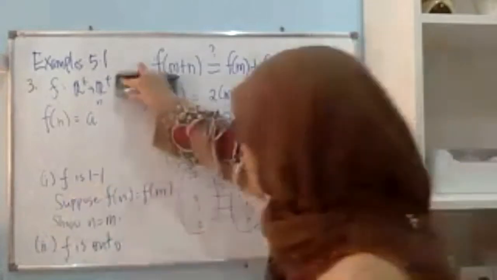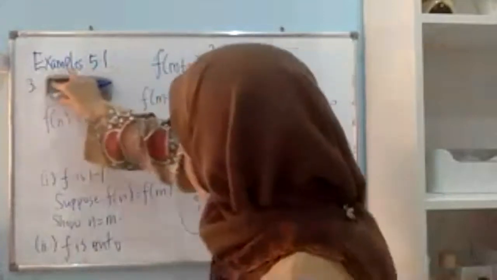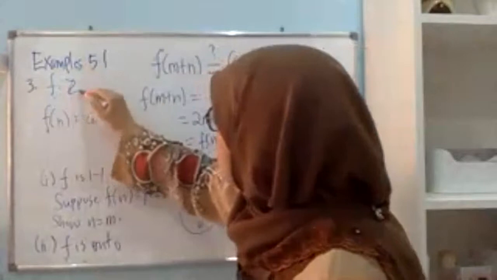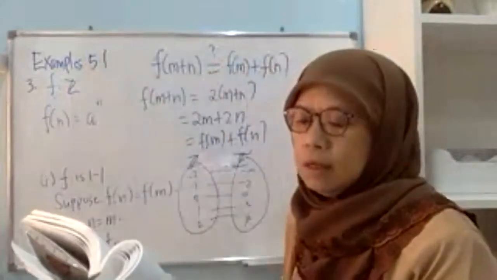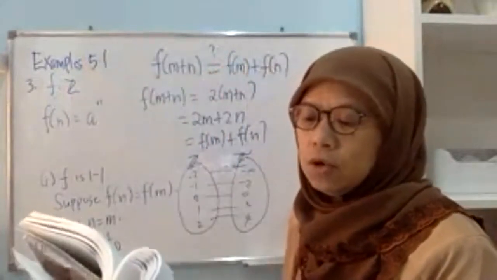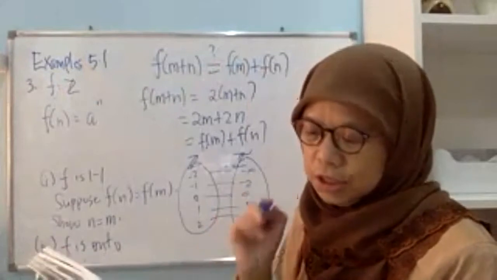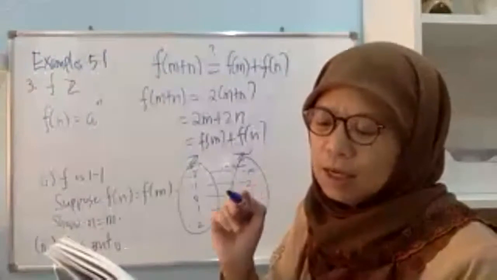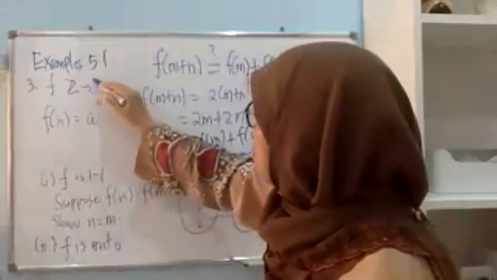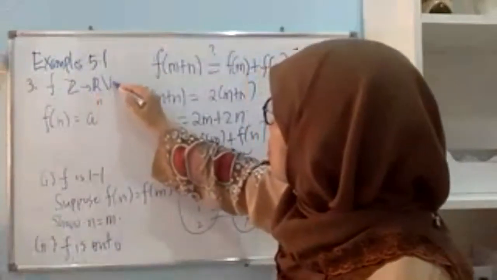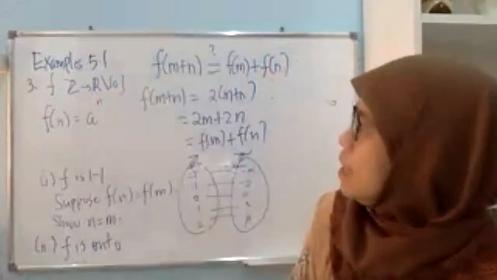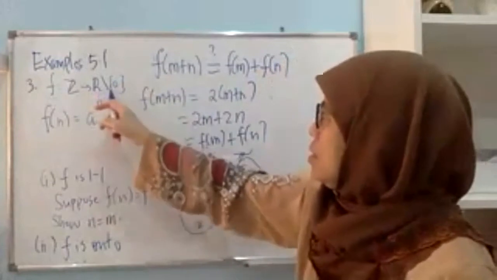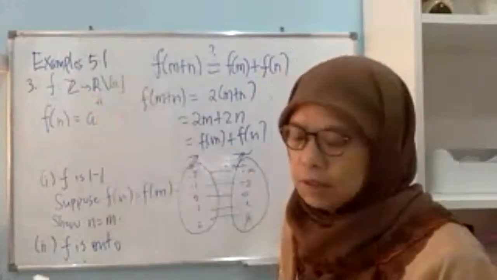I didn't see this. Okay, sorry. Group of integers under addition to the group of non-zero real numbers. This is how you write non-zero real numbers.